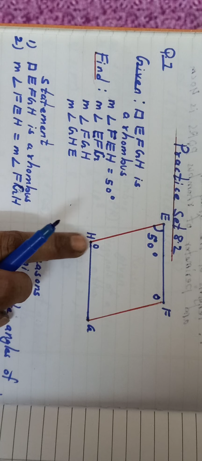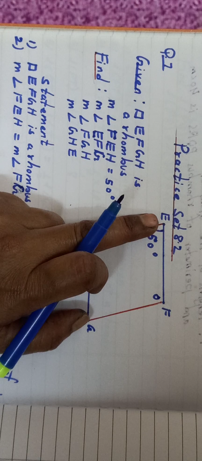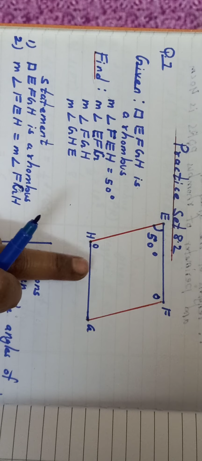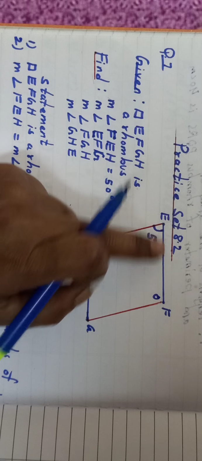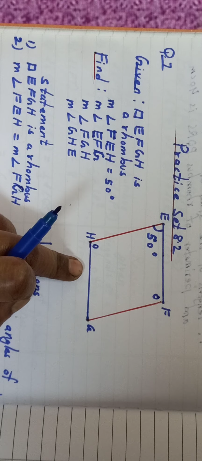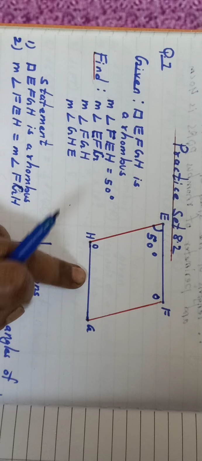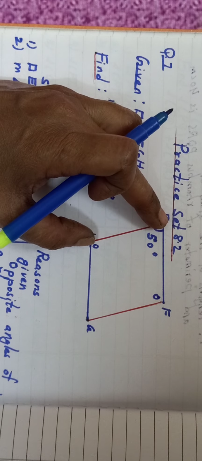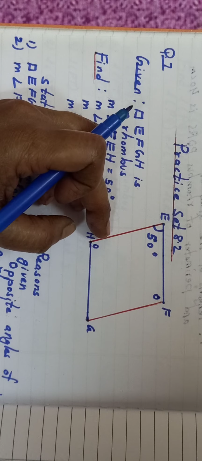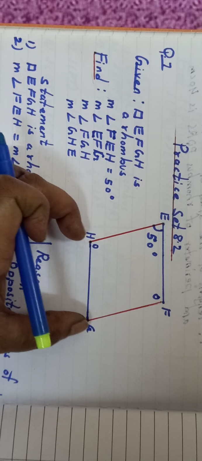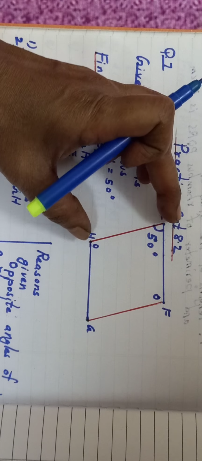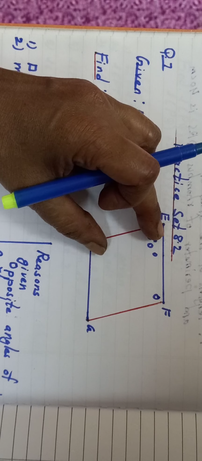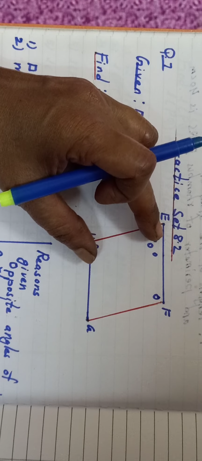For finding this angle, side EF is parallel to side GH. This is also one of the properties of a rhombus. If these two are parallel sides, then EH is our transversal. We have studied parallel lines in detail. So if EF and HG are parallel lines and EH is the transversal, then angle E and angle H are a pair of interior angles.